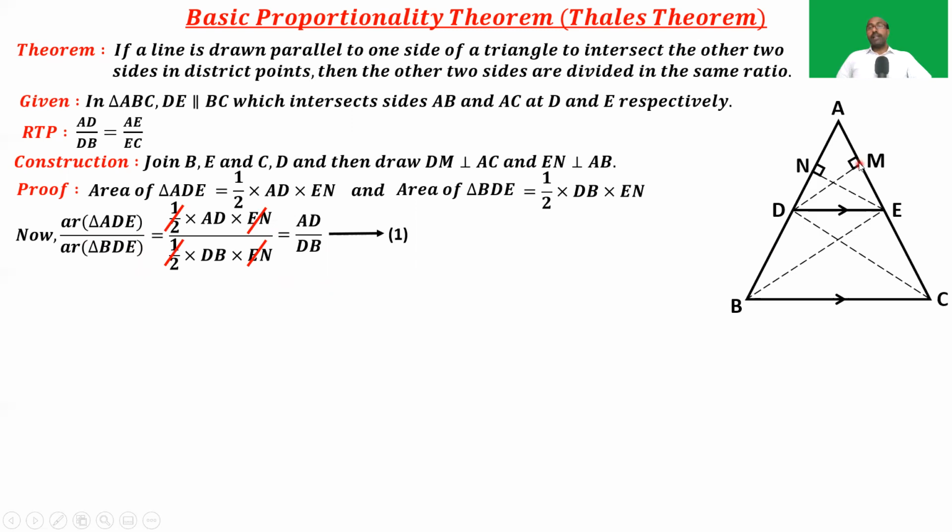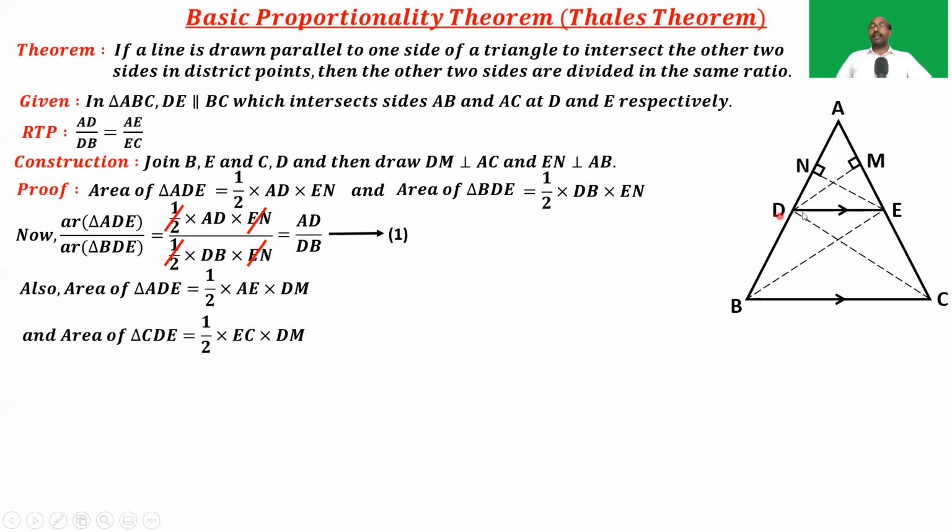And if we take AE as the base and DM as the corresponding height, then the area of triangle ADE is half into base AE and corresponding height DM. So half into AE into DM. And area of triangle CDE.